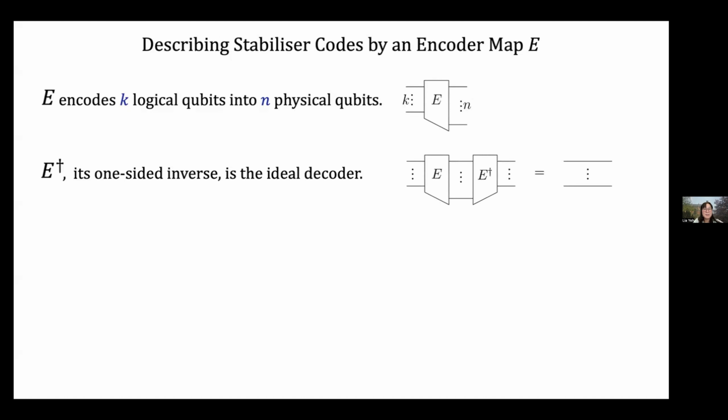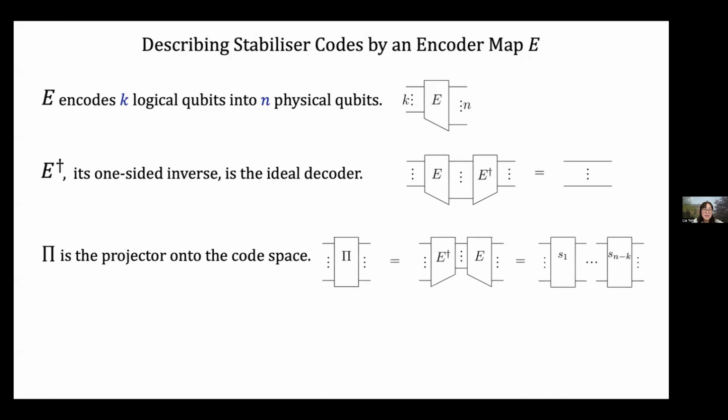Take that encoder map, it's an isometry, which means if you compose it with its adjoint, then what you get is identity on the k logical qubits. So this E dagger is called the ideal decoder. So it's the decoder that annihilates anything that's outside your code space, and correctly decodes the things that are in your code space.